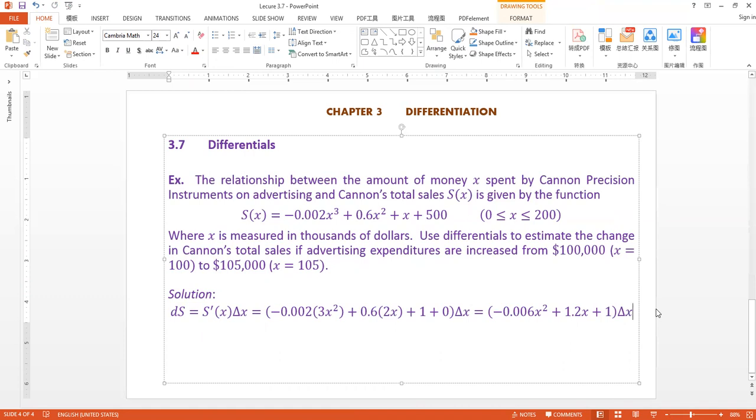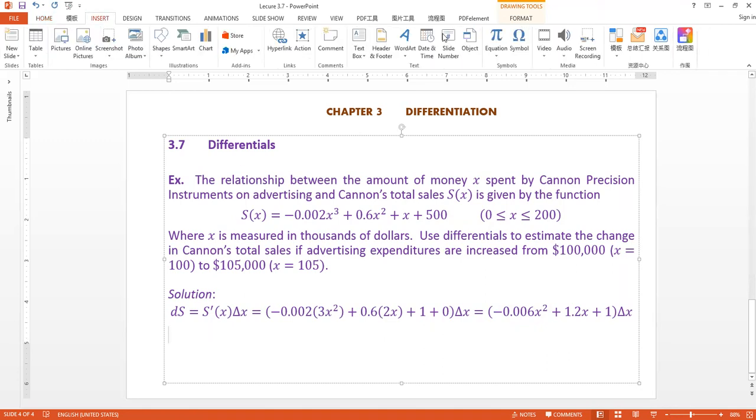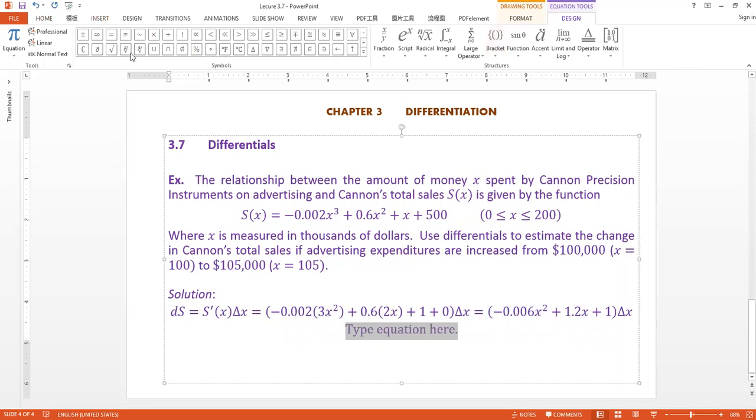Now we are asked to estimate the change in Canon's total sales. And we use the differential dS to approximate it. So what's the connection here? The increment in S, we use delta S, the change in Canon's total sales.